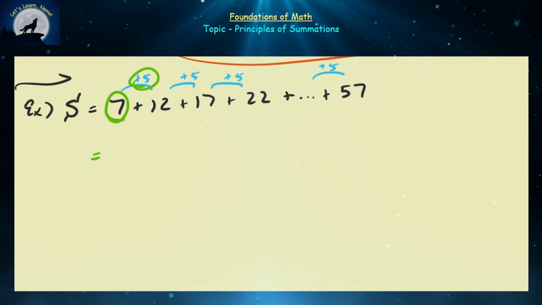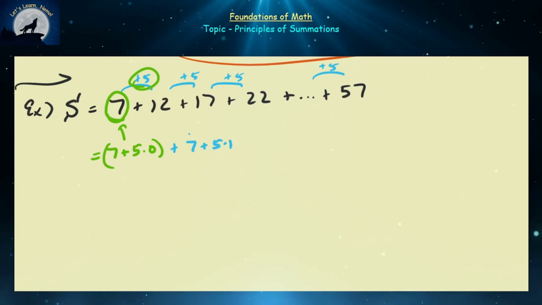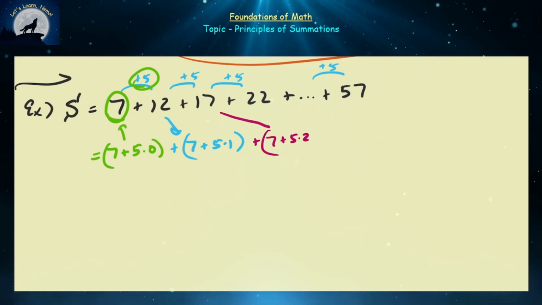This is going to be 7 plus 5 times 0, which is equal to the first term. And then plus 7 plus 5 times 1, which is the second term. And then what is 17? Well, 17 is 7 plus 5 times 2. And then we have 22 to be 7 plus, take a guess, 5 times 3.